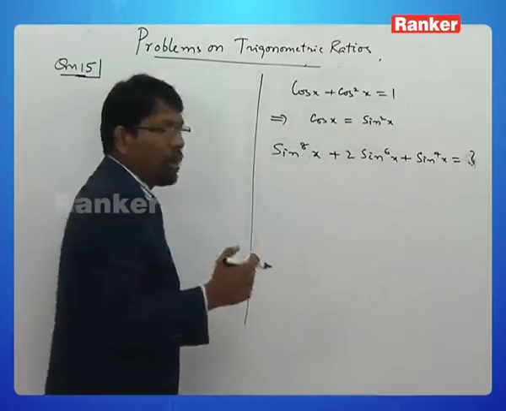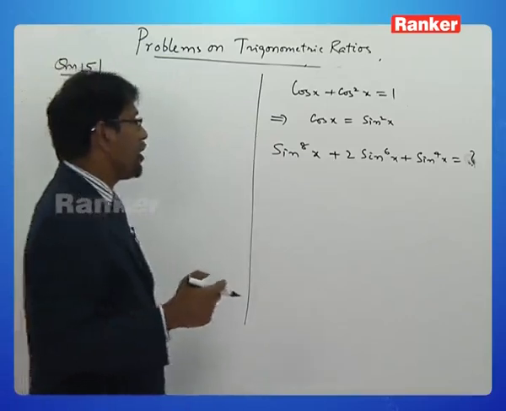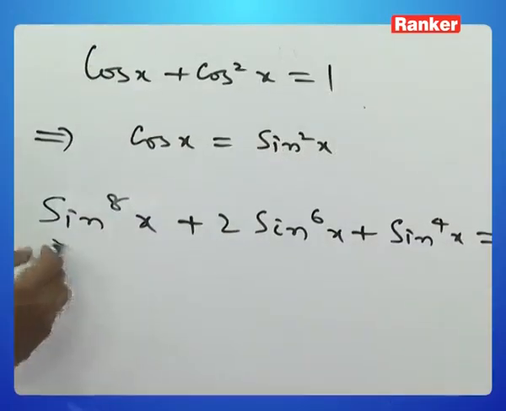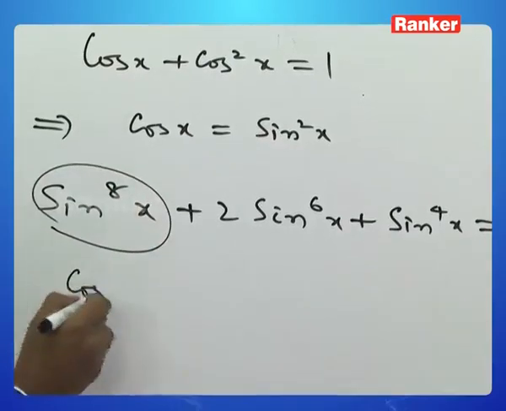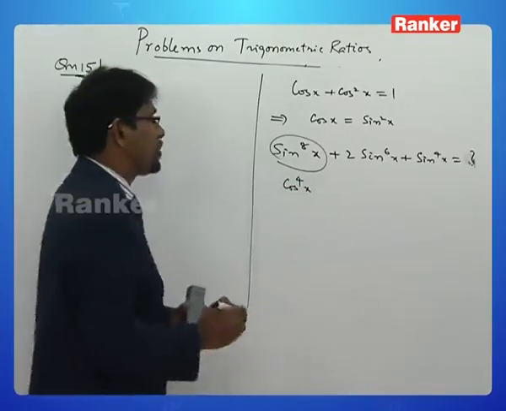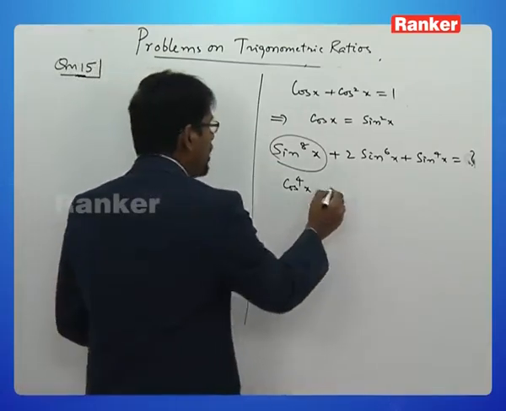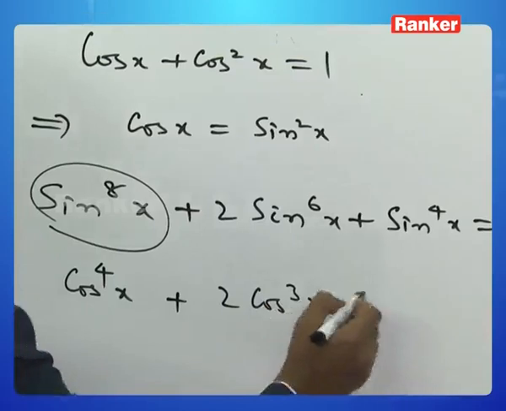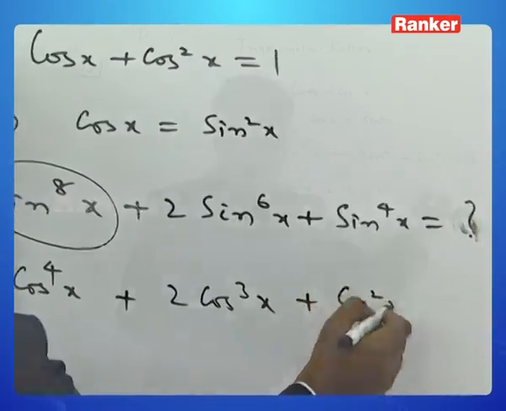Let's write this in terms of cos x, because that will reduce to lower powers. So sin x power 8 we can write as cos x power 4. And here we can write this as 2 cos cube x. And here we have cos square x.